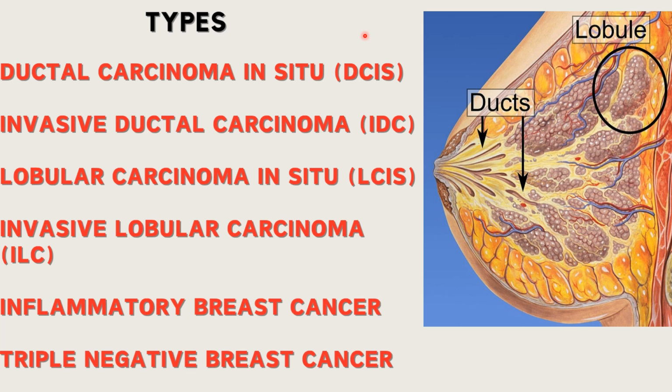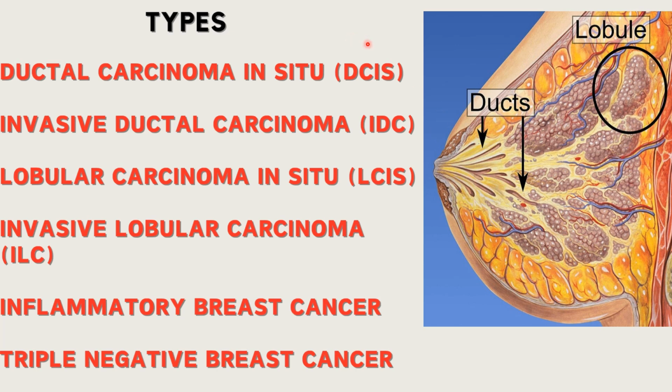types of breast cancer. First type is ductal carcinoma in situ, that is DCIS, which means the abnormal growth is primarily restricted to the lactiferous ducts. So ductal carcinoma in situ means the abnormal cells are restricted only inside the ducts.